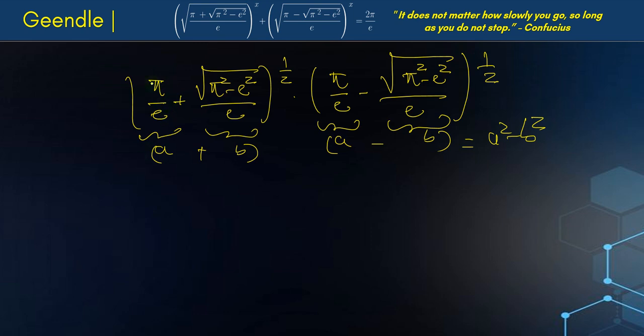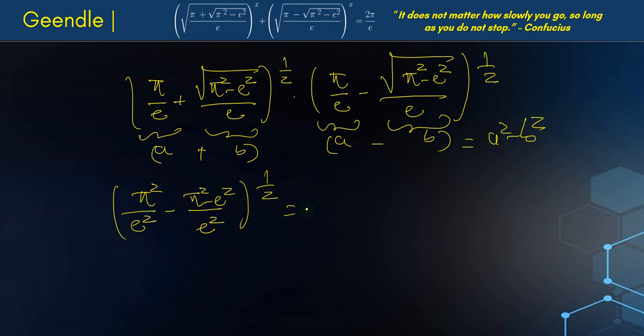Applying the difference of two squares here, this one squared, we're going to have pi square over e square minus, and the denominator is going to be squared as well, so we keep it. This one squared, we're going to have just pi square minus e square, right? And this is all to the power of 1 over 2.